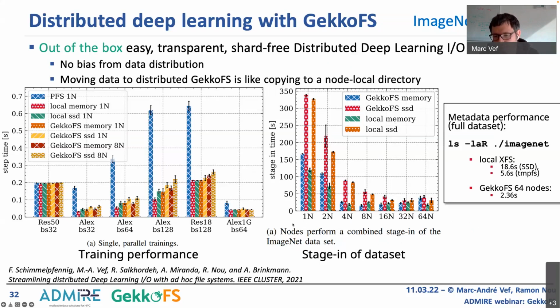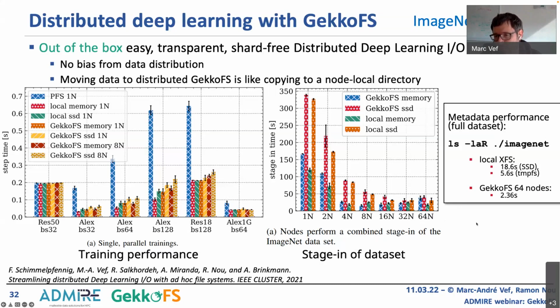But for GekkoFS, we only have to do it once. We need to use the whole set and move it into the GekkoFS namespace, so the 64 nodes have the full data set available. The time it takes to move that data into the 64 nodes is of course the same performance as if you would do it locally, but without shards.